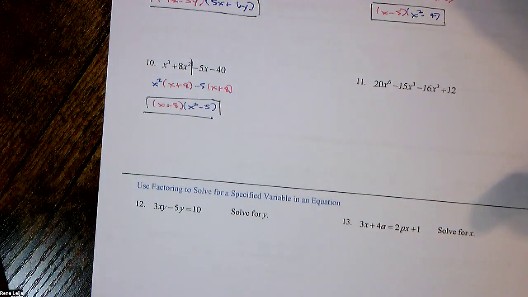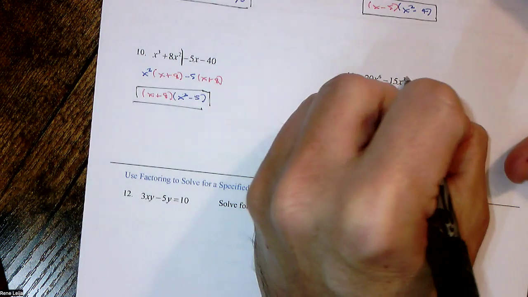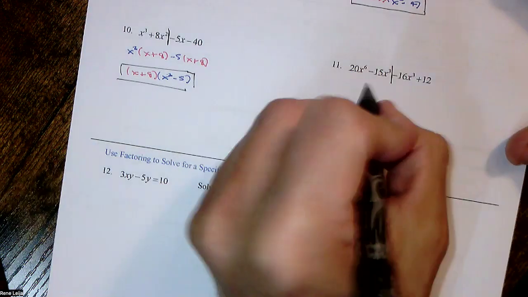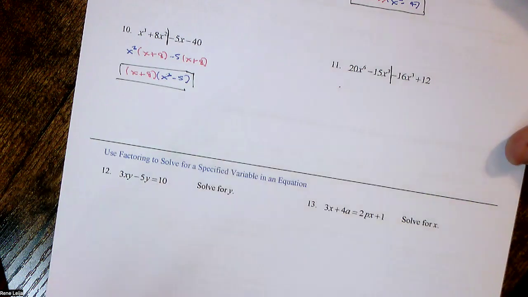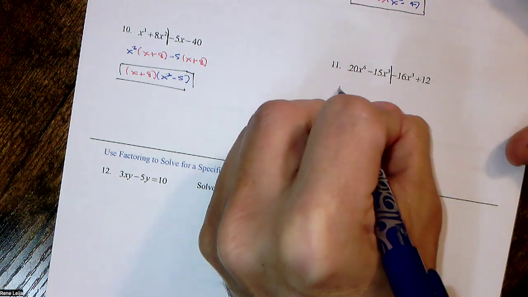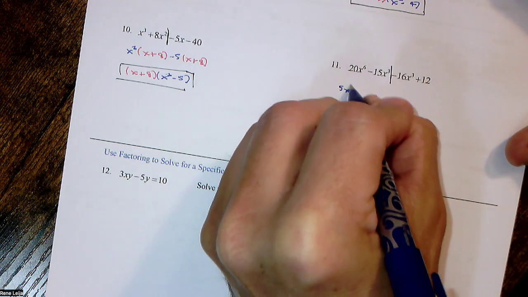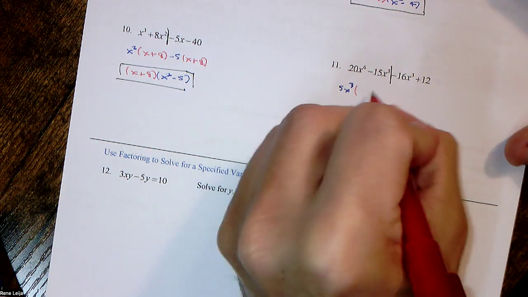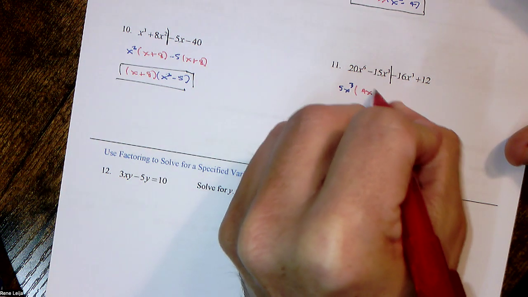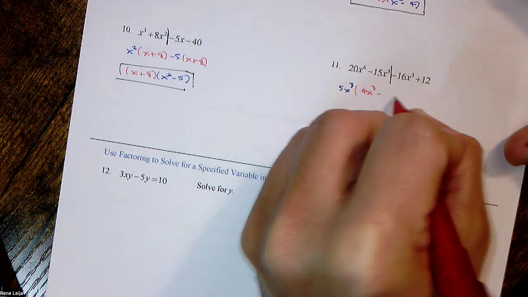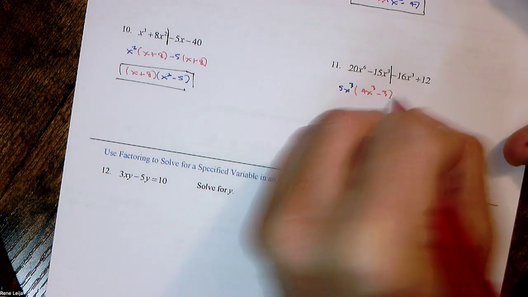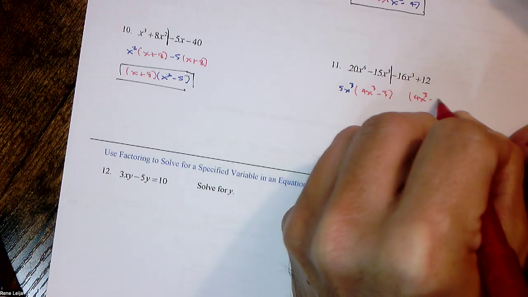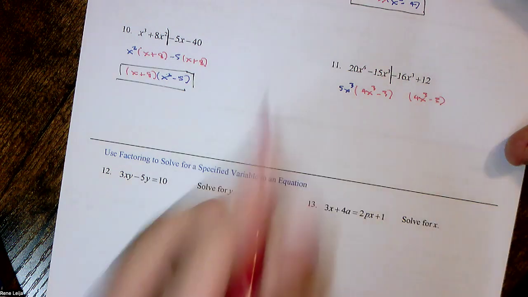Okay. All right, number 11, we're going to cut it in half. So the most that I can take out is a 5x to the third. And we're left with a 4x to the third minus 3. So 4x to the third minus 3.